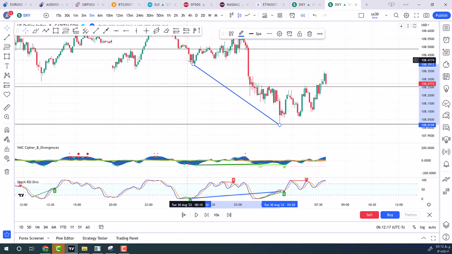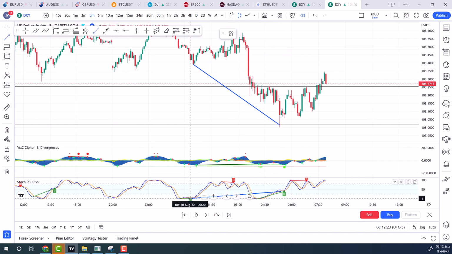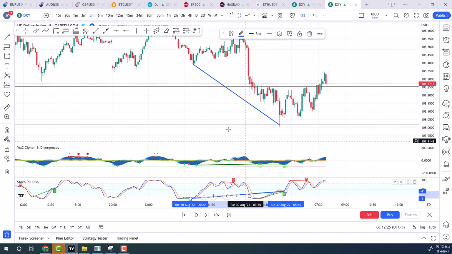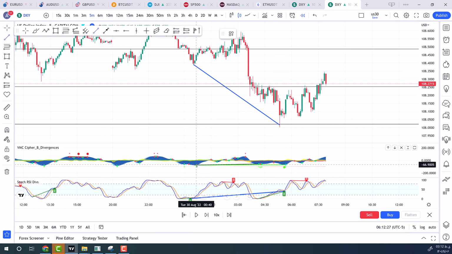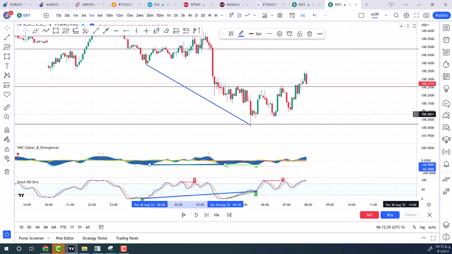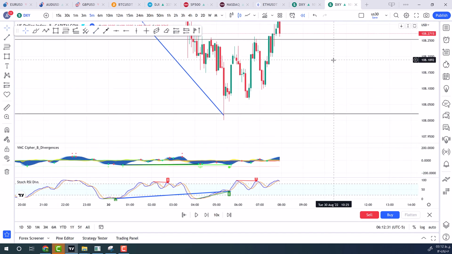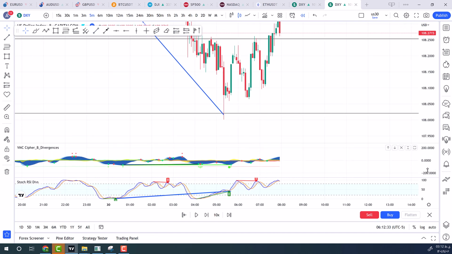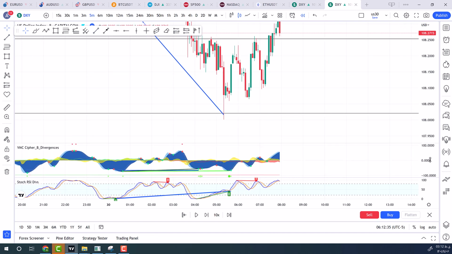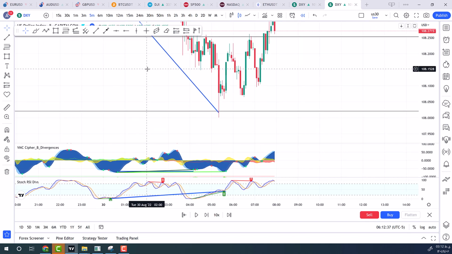We can see that the market made a new lower low, but the indicators are showing higher lows from this to this and from this to this. And in this part of price action, you can see, it is better now.